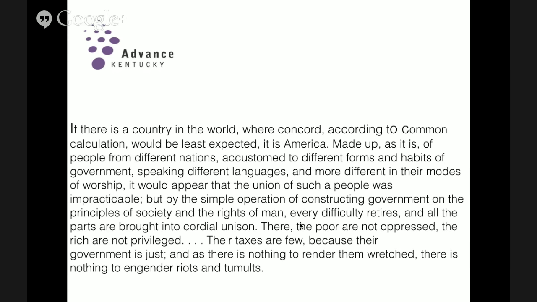But by the simple operation of constructing government on the principles of society and the rights of man, every difficulty retires and all the parts are brought into cordial unison. There, the poor are not oppressed, the rich are not privileged, their taxes are few because their government is just, and as there is nothing to render them wretched, there is nothing to engender riots and tumults.